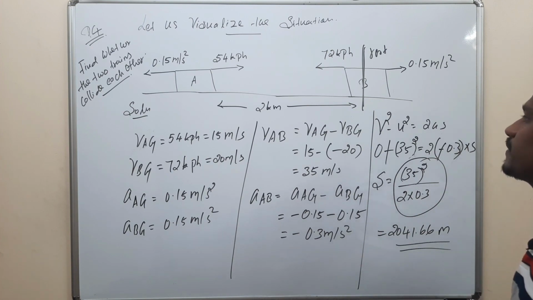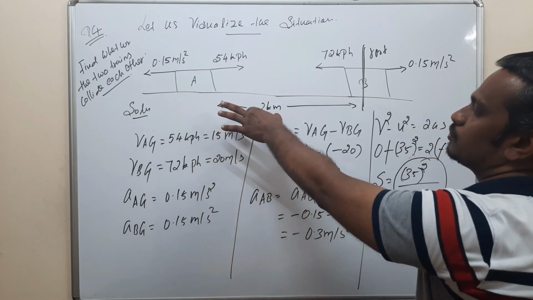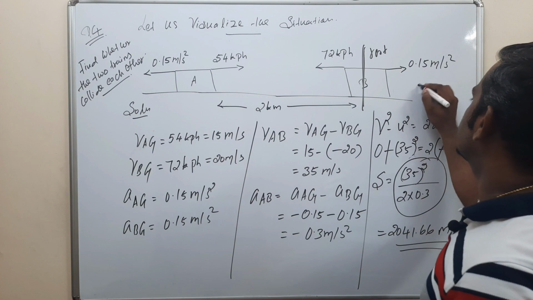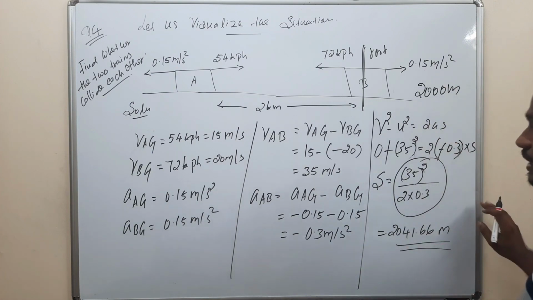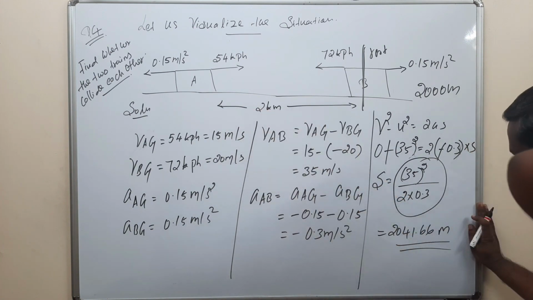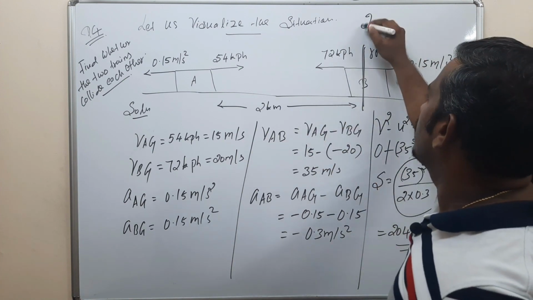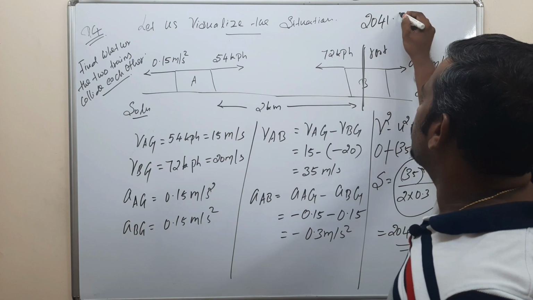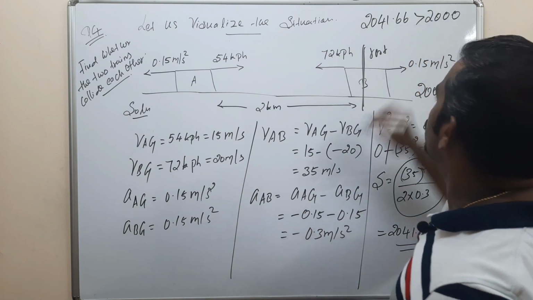2041.66 meter. Initially this is 2 kilometer, and 2 kilometer means 2000 meter. The train comes to rest after traveling 2041.66 meter, which is greater than this distance. 2041.66 is greater than 2000.